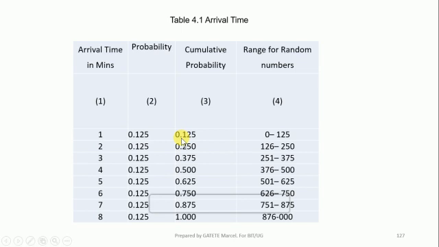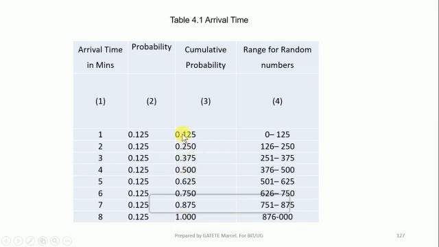I don't want to use real numbers, so I have to multiply by 1000. If I multiply by 1000, I will have 125 here, and 1000 for the last one.